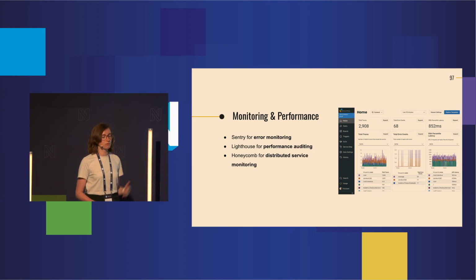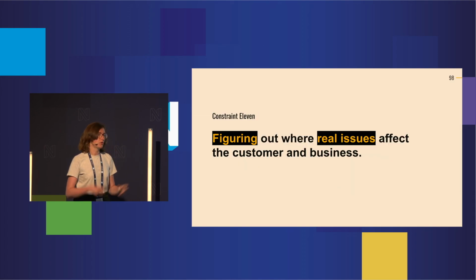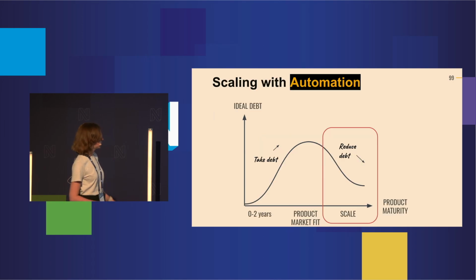These systems are really important to make sure you're actually working on the areas that are affecting customers, that you're working on the slow endpoints, or you're fixing those bugs that are always crashing your front-end app. These are very, very important. And the later you go, the more you go towards scaling, the more you go towards product maturity, the more you need to work on reducing this debt and monitoring and making sure your system is stable.